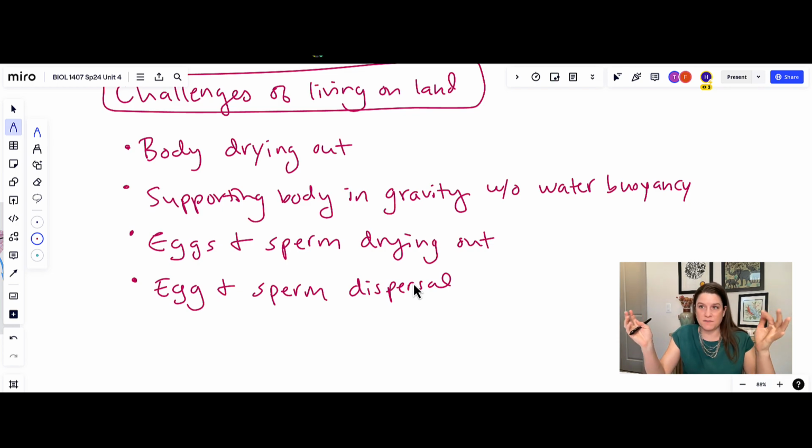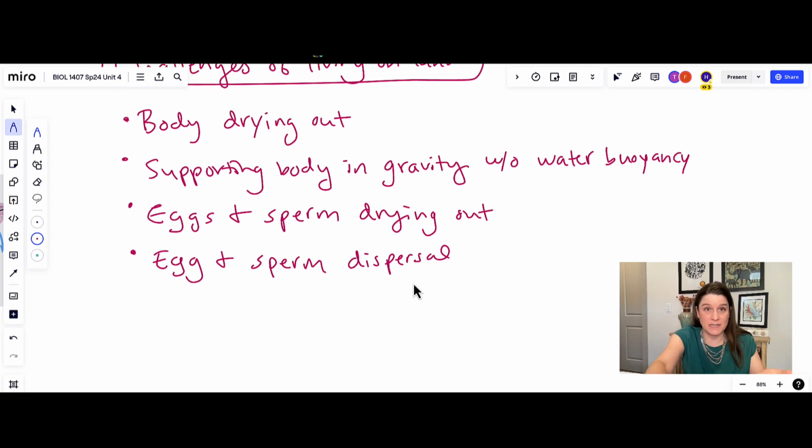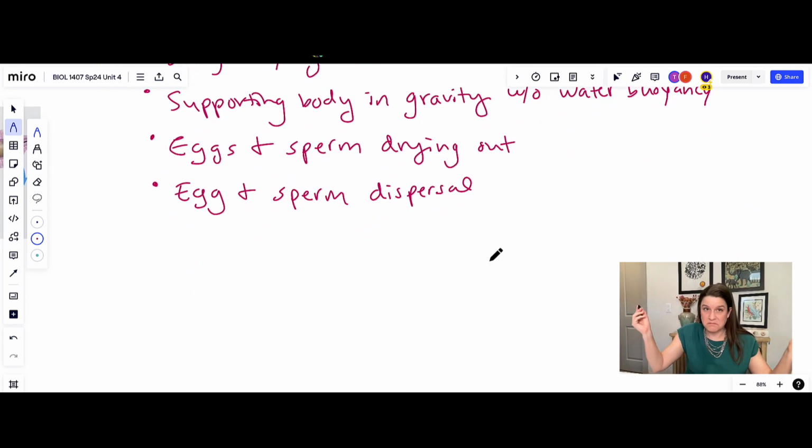You can just release the stuff into the water and sometimes it's deposited into or near the female, or in the same place, like sperm on top of the eggs. But once you get to land, you really have to ask, how are we going to get these dispersed? Because they can't just float through water or swim.